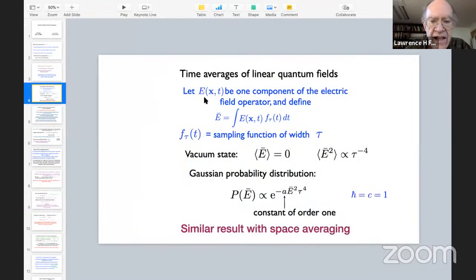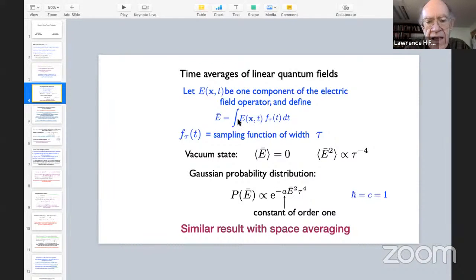And I'll say in words the reason for this, and that is that if we went back to the electric field itself, of course, as you perhaps know from quantum field theory, this can be expanded in a series of normal modes, often plane wave modes, with creation and annihilation operators as coefficients. And each of those would be multiplied by a plane wave, which is an exponential in x and an exponential in t. So if you average in time, you would effectively be taking the Fourier transform of the time averaging function, which will tend to fall off for large values of its argument.